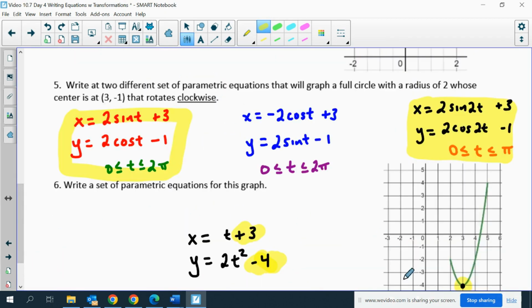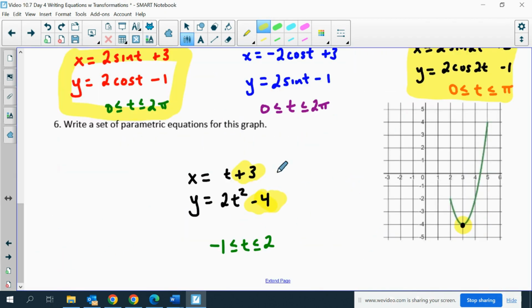Similarly, on number 6, I can look at a picture and see how that works as well. So I have the vertex at 3, -4. Then I notice that my a value of my parabola is 2. And so because that's the case, then I can have a 2 in front of this.